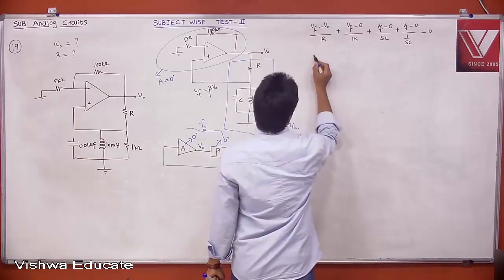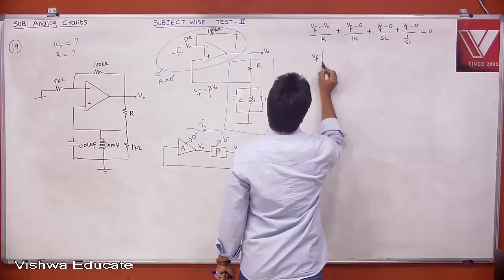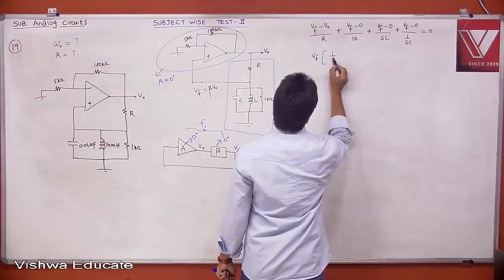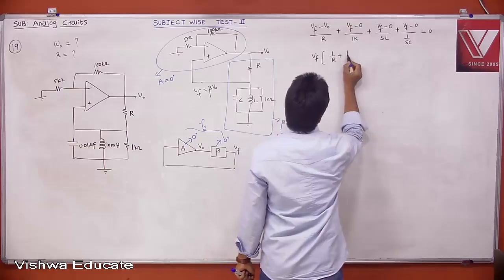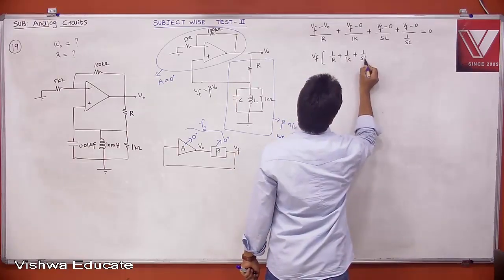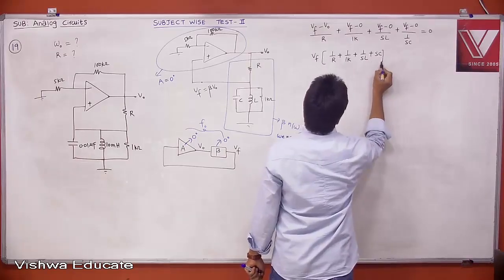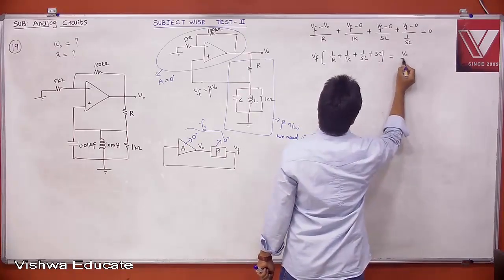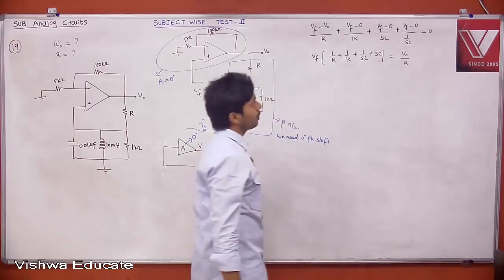If you take Vf common, you will get 1 by R plus 1 by 1K plus 1 by SL plus SC is equal to V naught divided by R, right?